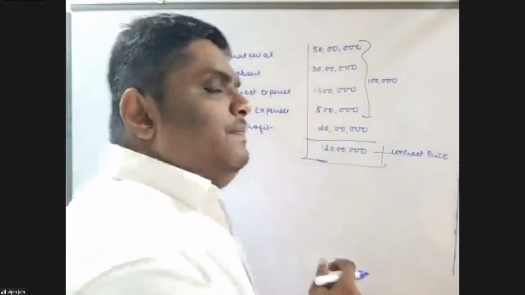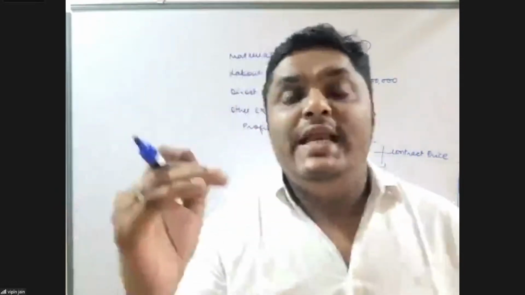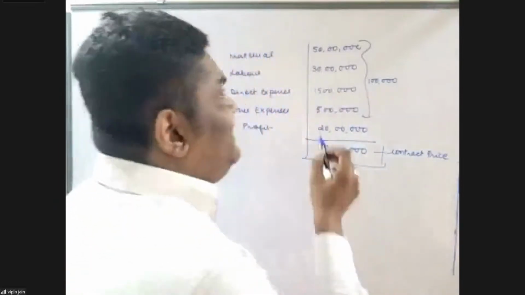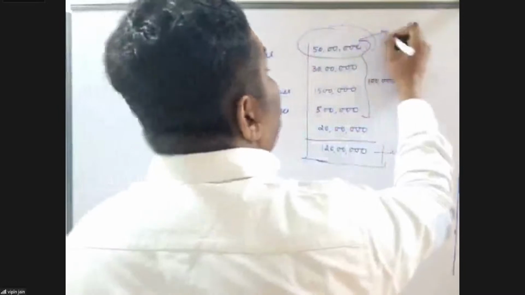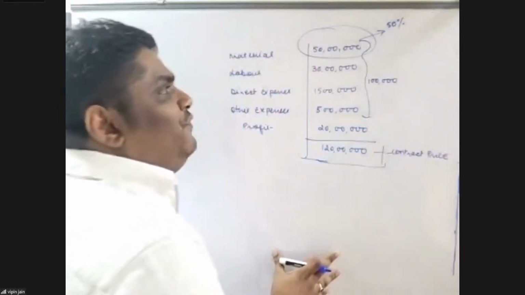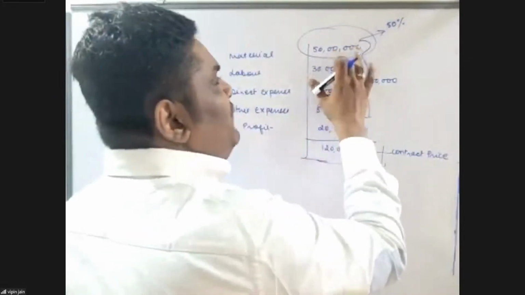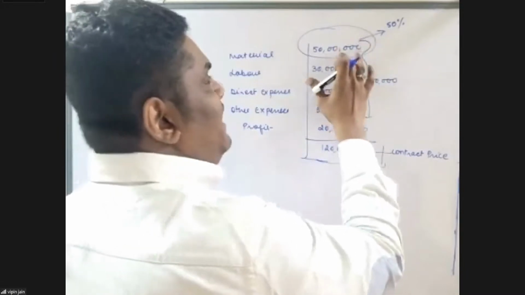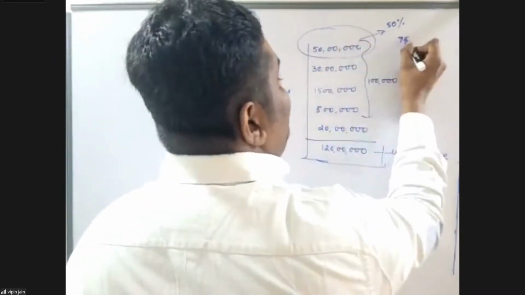Now let's say due to change in government policies or inflation, the rate of material has gone up by 50%. So instead of 50 lakh, the cost of material that we estimated, it is now coming to 75 lakh.